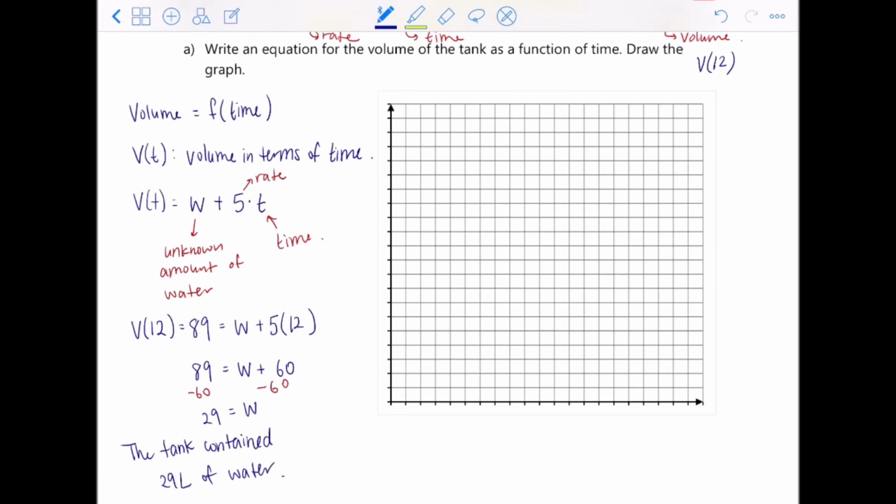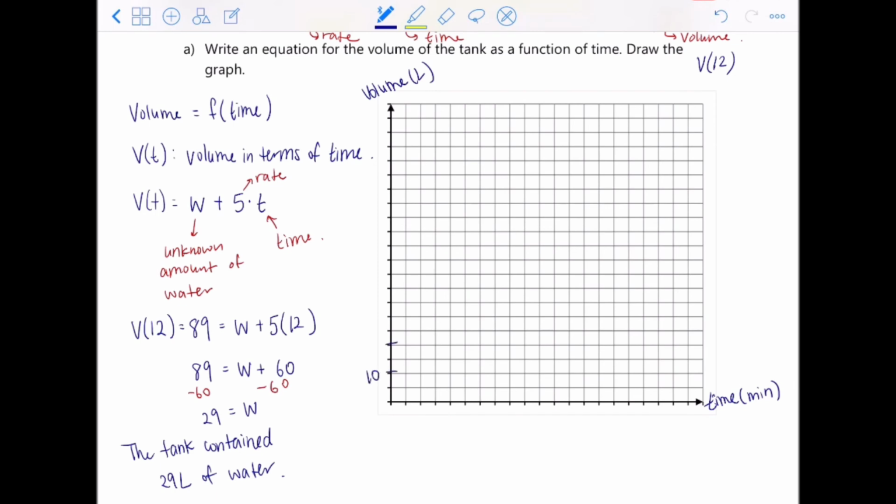So now let's try graphing this. So the independent variable will be the time in minutes, and the dependent variable is volume, because we're looking at volume in terms of time, in liters. So let's label the axes.